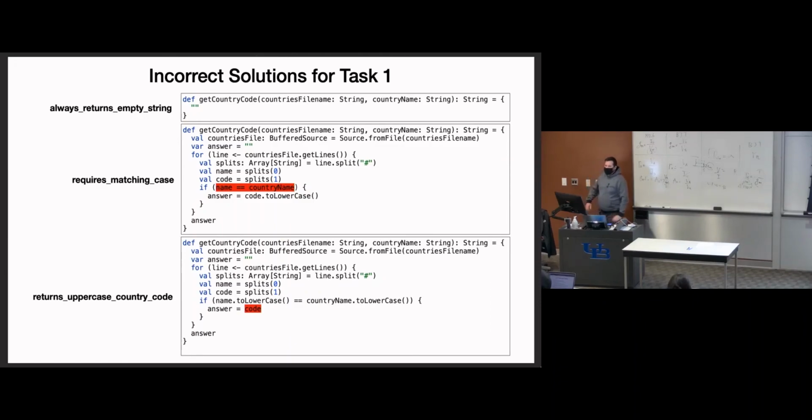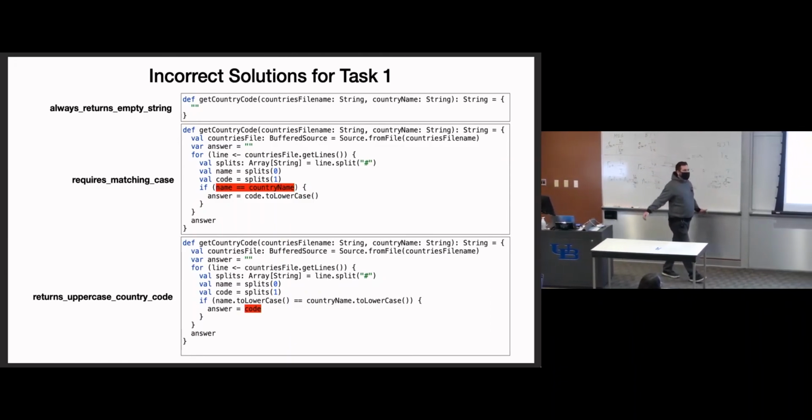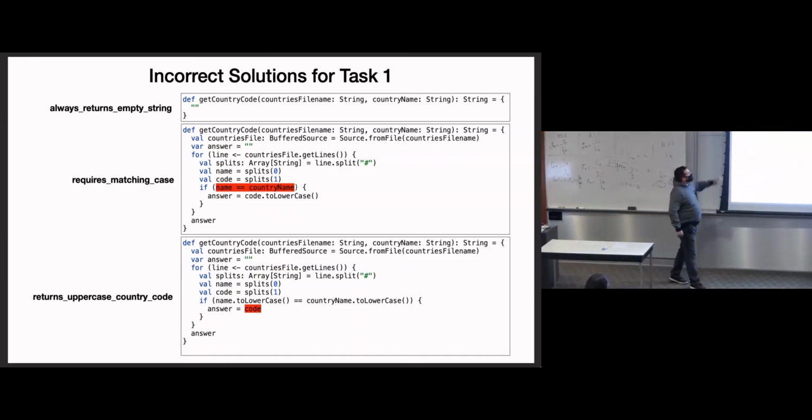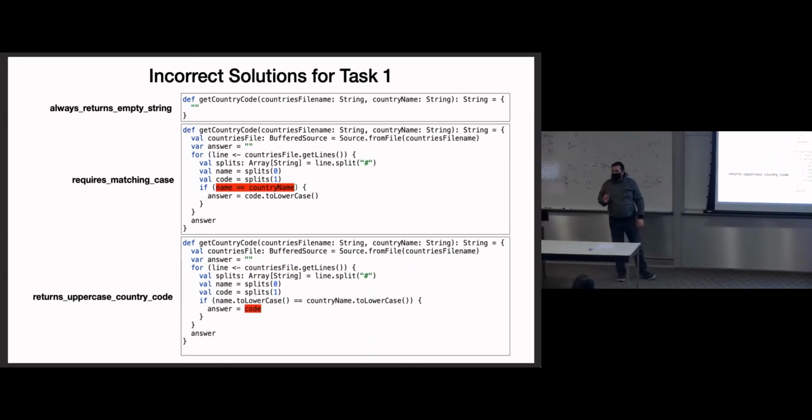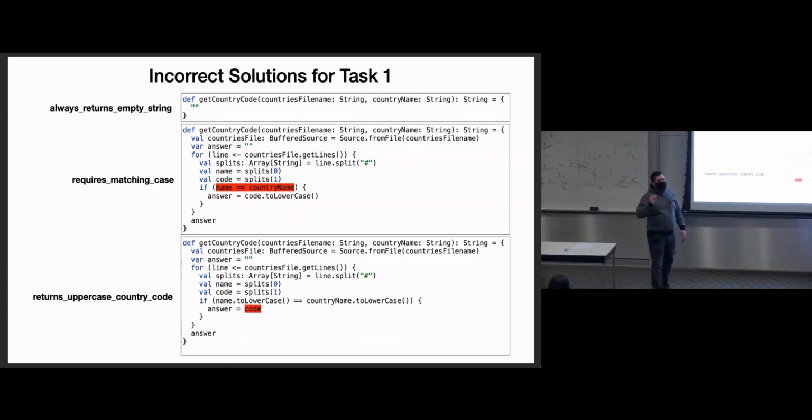To make this a little more clear, I want to show you some stuff from task 1. So task 1, you saw the incorrect solution names. These are intentionally cryptic. They're not meant to tell you exactly what the incorrect solutions do wrong, but it's some kind of hint text. It's like a little puzzle.